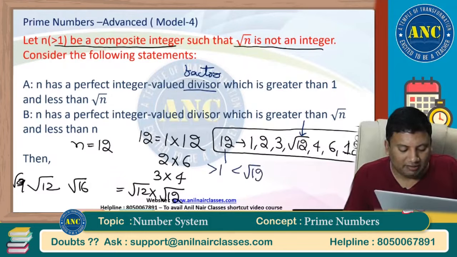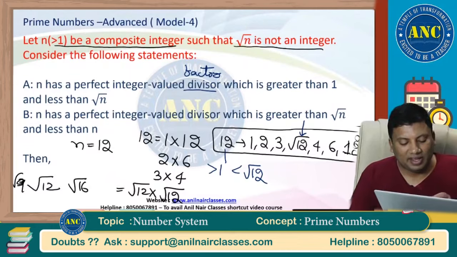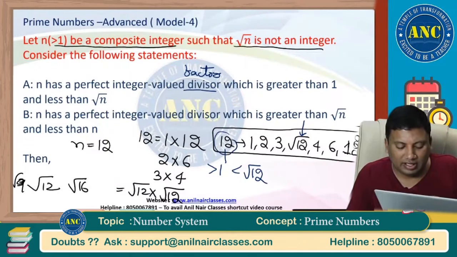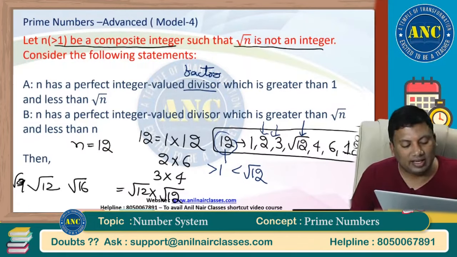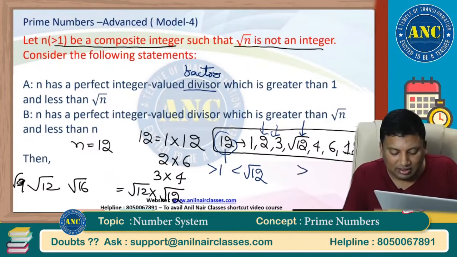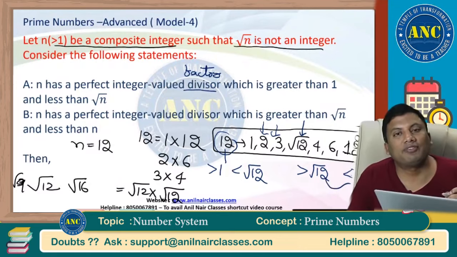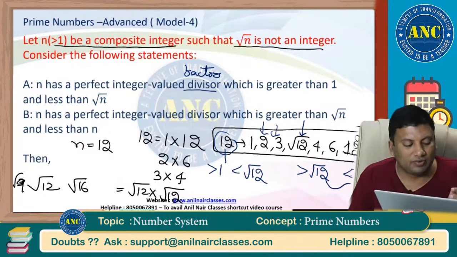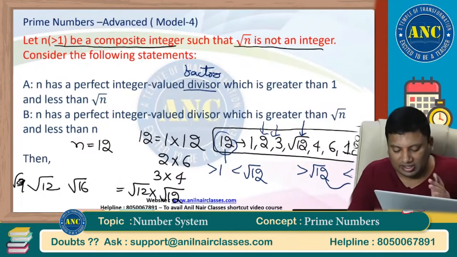Are there any factors of 12 greater than 1 and less than root 12? Yes, 2 is a factor of 12, 3 is a factor of 12. That means take all the integers greater than 1 and less than root 12; in between you will find some numbers which will divide 12. That is what it is saying.